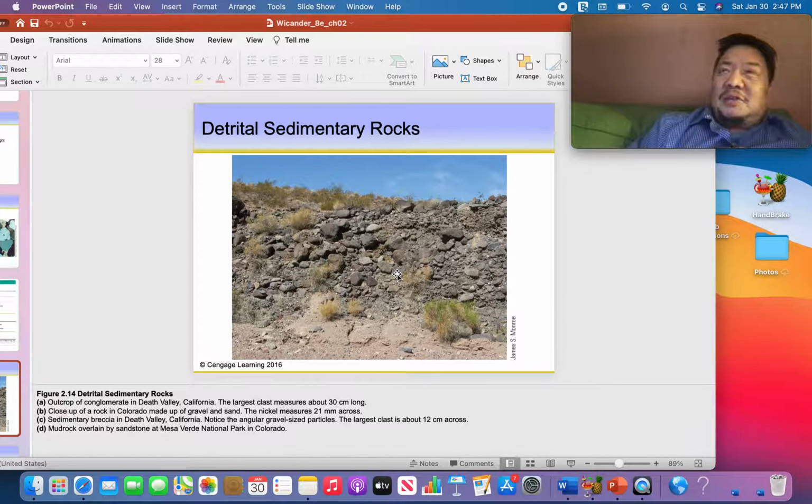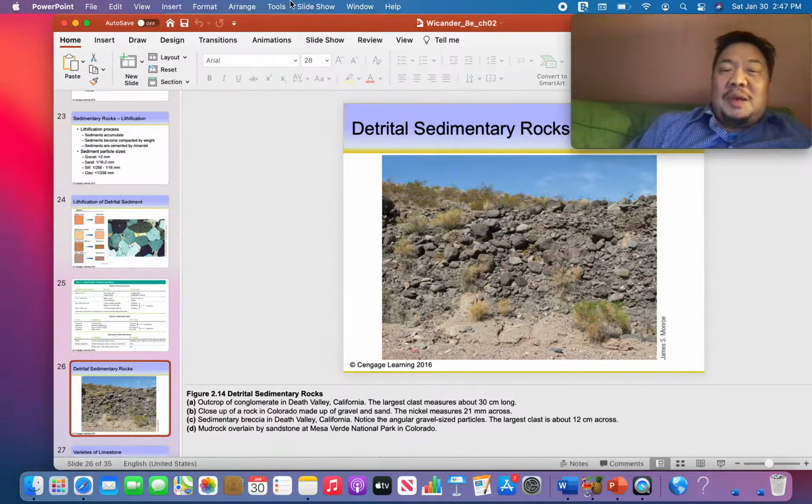It's not biological, it's not chemical. Biological, there'd be evidence of life in it. Chemical, it'd be made of little crystals. So it's got rounded pebbles in it. So what do you think this rock is? You're right. I hope you got it right. And it's conglomerate. Rounded pebbles.